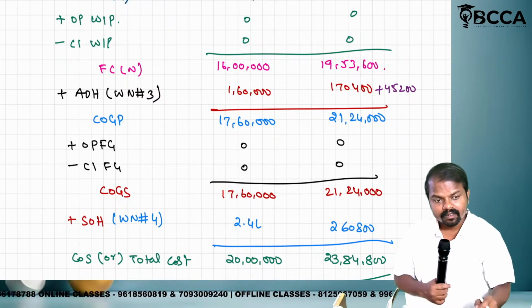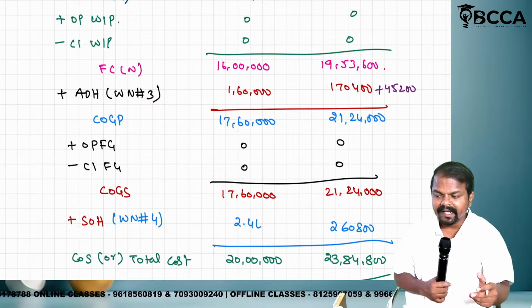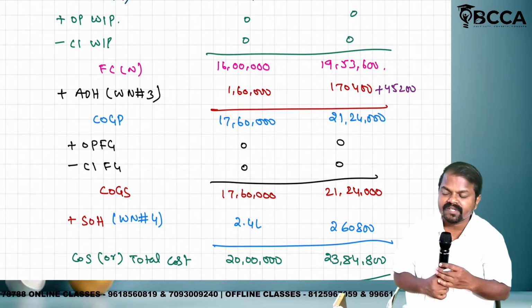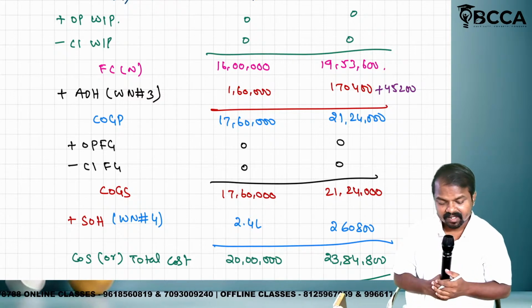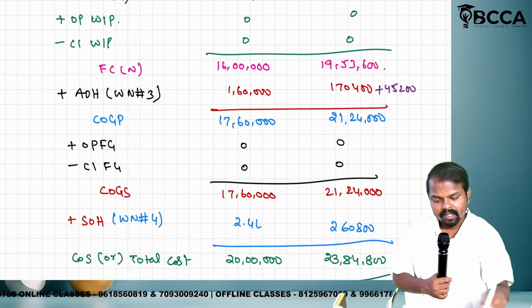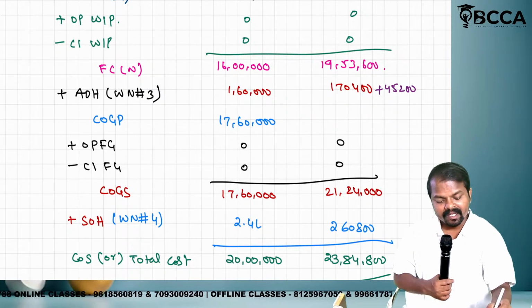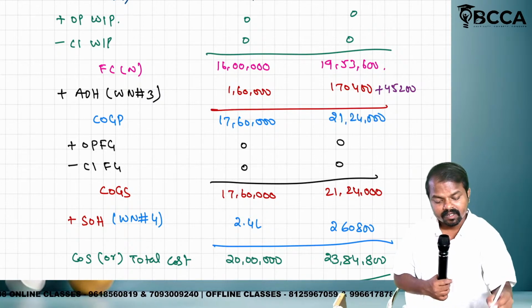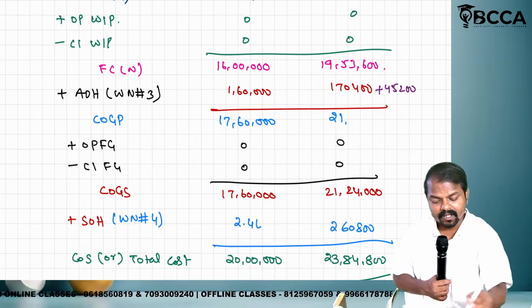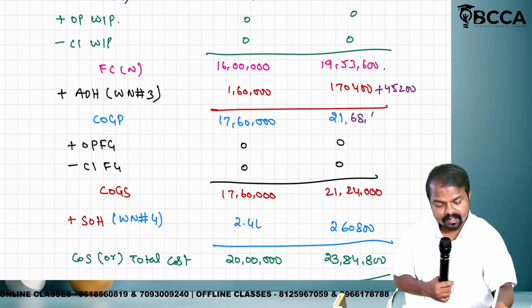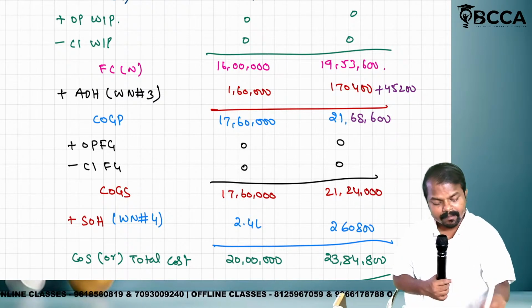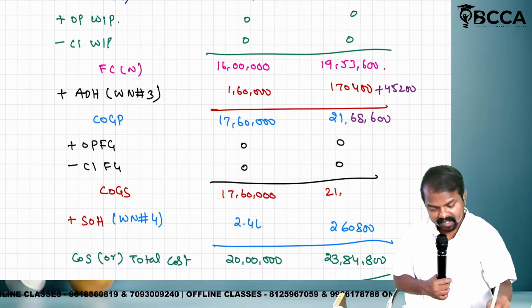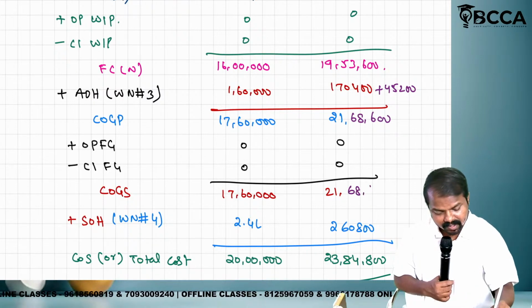45,200 plus 19,53,000. 21 lakh. 68,600. So the same result will continue. Please respond.